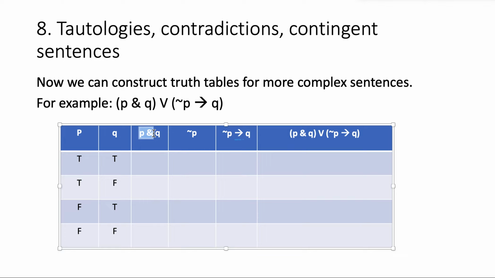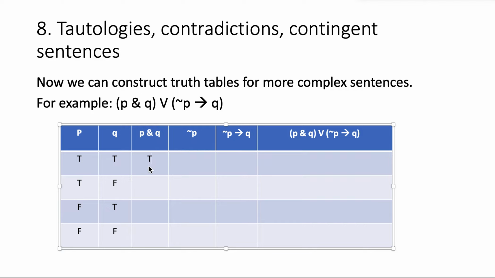So you start with the column that's most to the left, in this case, the conjunction of P and Q, and you fill it out using those skills that you should have by now, knowing how to fill out the truth table for each of the logical operators, because we're just going to be doing this one step at a time. So the first step is just filling out the truth table for the conjunction of P and Q, so we know how to do that.